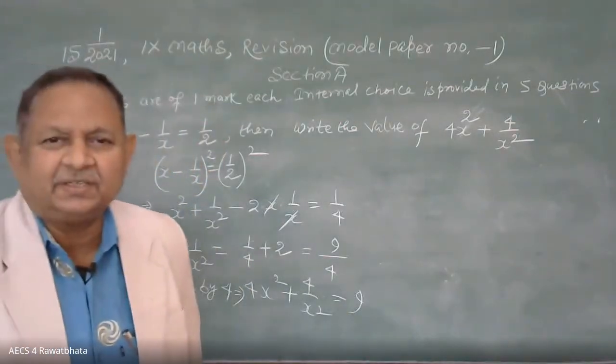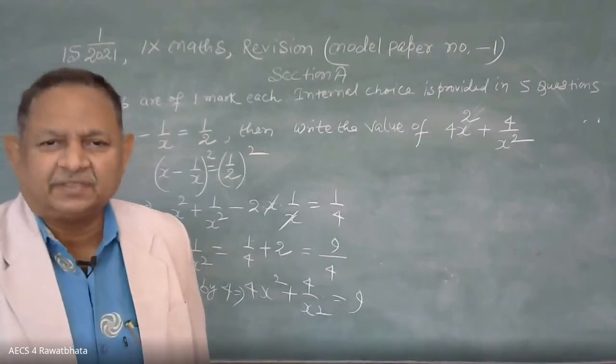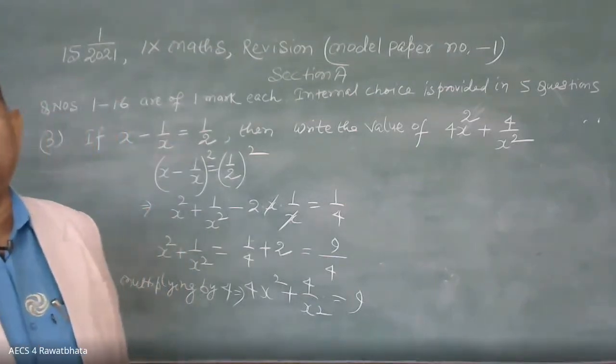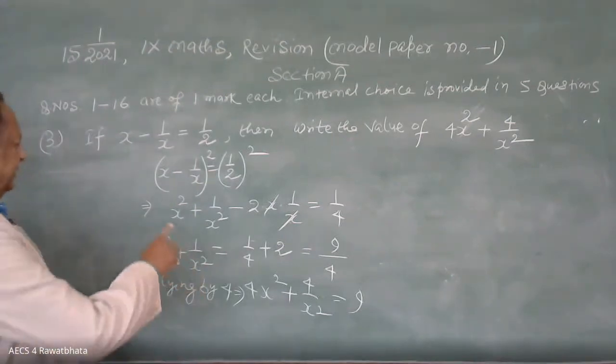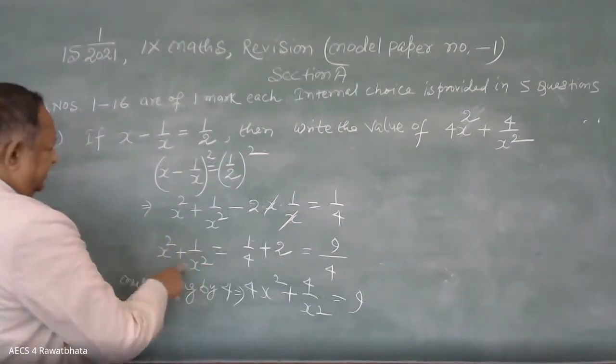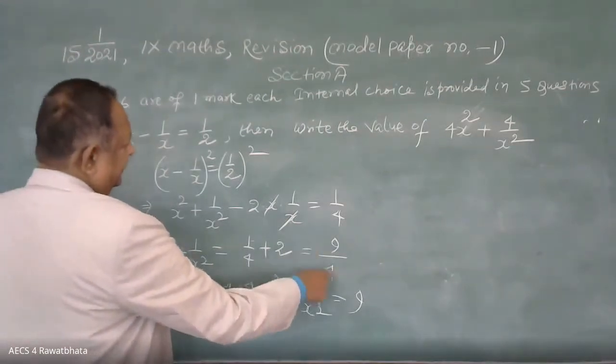So your answer is correct. It is 9, yes. Many have answered very correctly. If we multiply by 4, here 4 and 4 cancel, that is 9.